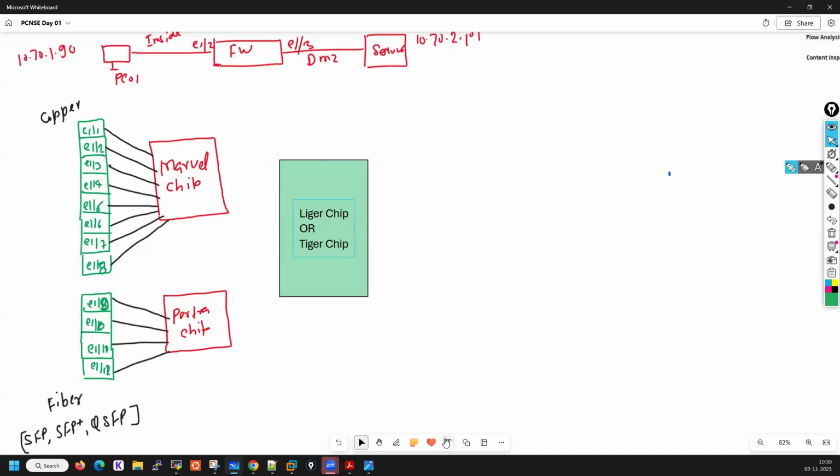This processor is also known as an FPGA, Field Programmable Gate Array, or an ASIC. This processor's name is network processor. It acts as a session offloader.